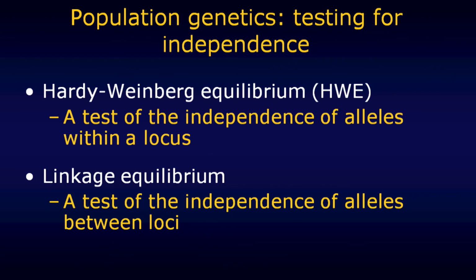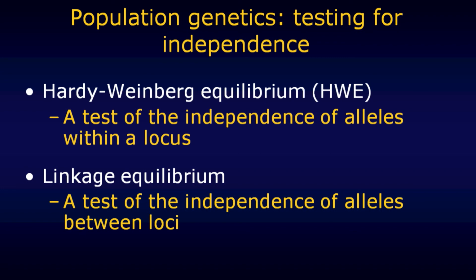Well, we're starting to stray into a realm here of a discipline known as population genetics. It's population genetics that we can turn to help us answer that question: are these alleles independent of each other or are they not? And within population genetics, there are actually two specific tests that can be applied to answer those questions. To answer the question of independence within loci, population geneticists will turn to what's known as Hardy-Weinberg equilibrium.